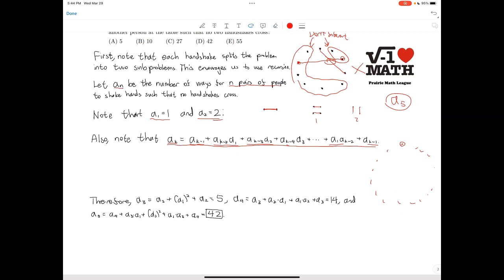So, we can only draw them to here, to here, to here, etc. Now, for the first case, let's say there are k pairs of points in this diagram. If we draw one here, then we have k minus 1 pairs remaining because we only have 2k minus 2 points remaining. So that just becomes a sub k minus 1.